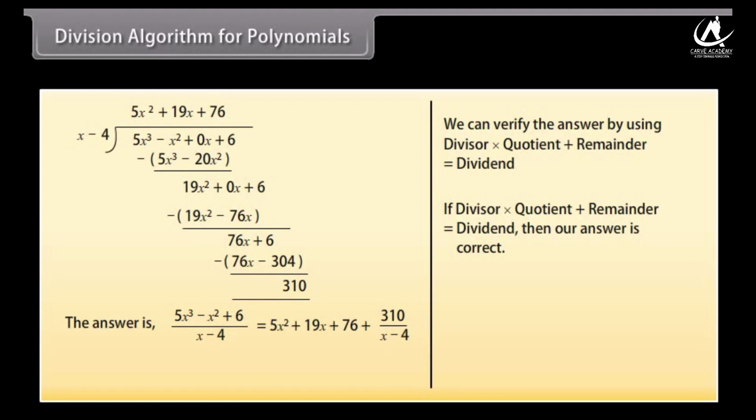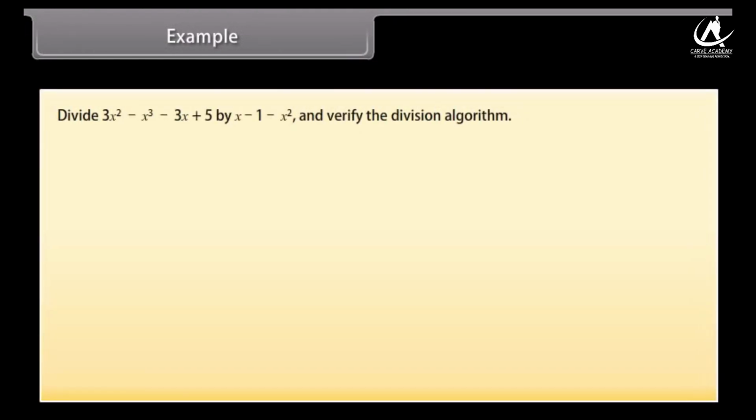Example: Divide 3x squared minus x cubed minus 3x plus 5 by x minus 1 minus x squared and verify the division algorithm. Solution. Firstly, we will write both the dividend and divisor in decreasing order of their degrees.